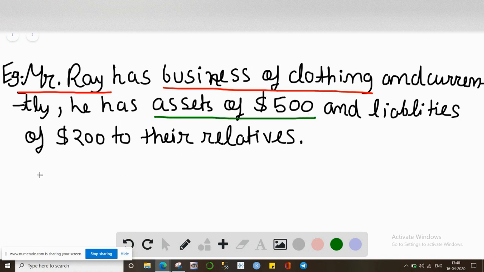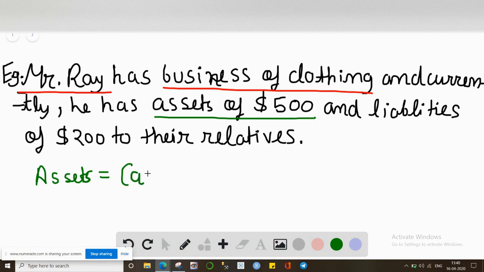These assets could be in terms of cash. Now, what is an asset? An asset is an amount which a person or an entity is likely to receive or is expecting to receive at some later point in time.